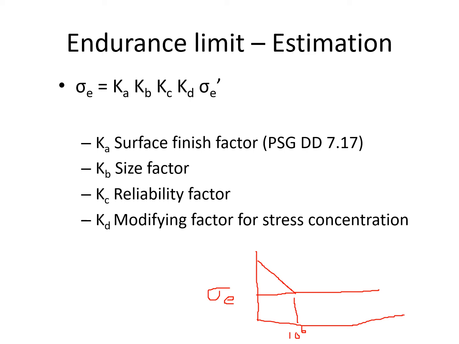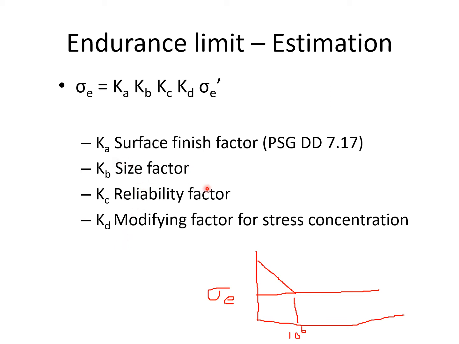By multiplying all these values, we will get the endurance limit: Ka, Kb, Kc, Kd and Ke dash. Ka is the surface finish factor, which we find from the PSG design data book 7.17. Kb is the size factor, Kc is the reliability factor, and Kd is the modifying factor for stress concentration. This Kd value is also referred from the PSG design data book, pages 7.7 to 7.17.